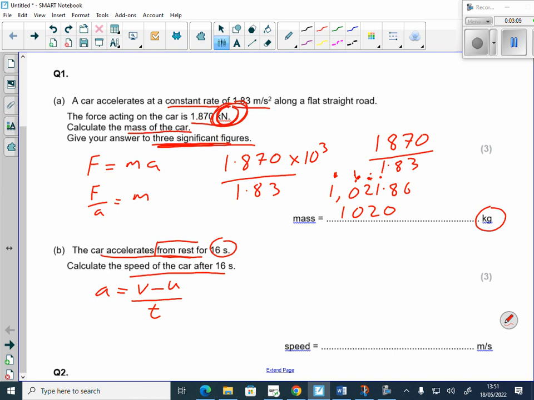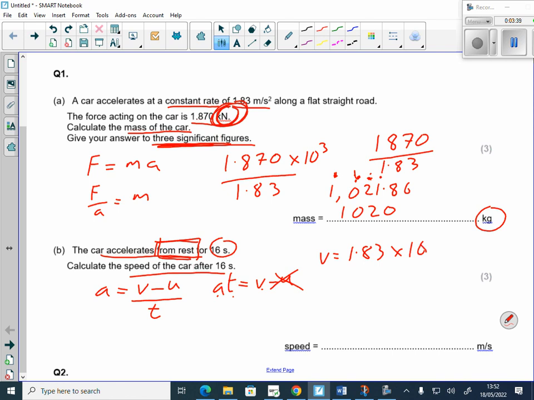Okay? And again, we can multiply both sides by t to get at equals v minus u, but we know it starts from rest. So actually, u is going to be 0, so we can ignore that bit. So we actually get the velocity is the acceleration multiplied by the time. So the velocity is the acceleration, 1.83, times by the time, which it says in the question is 16 seconds.